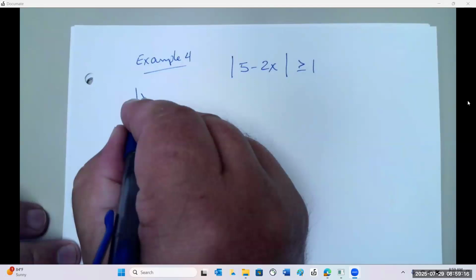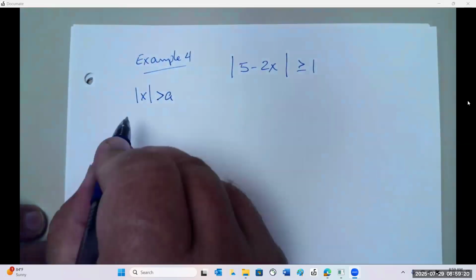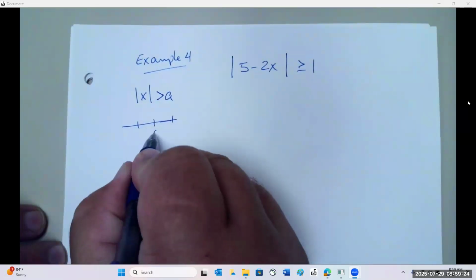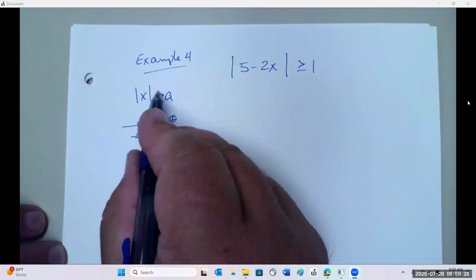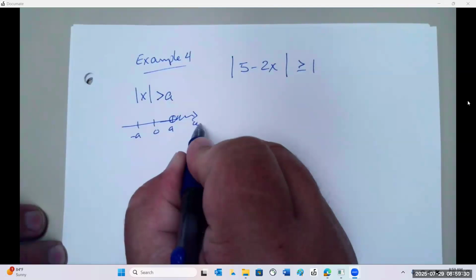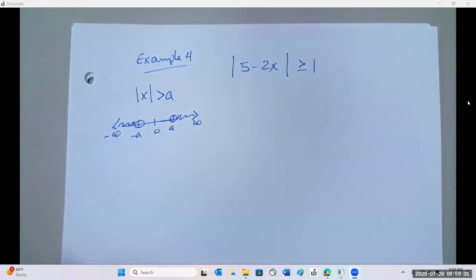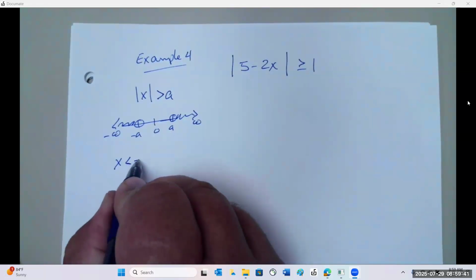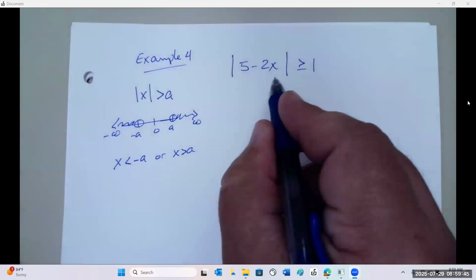Well, we look at our rules. We have this rule. Here's a. X is greater than a, so it's going towards infinity, which means down here, it's going to negative infinity. So it's x is less than negative a, or x is greater than positive a.